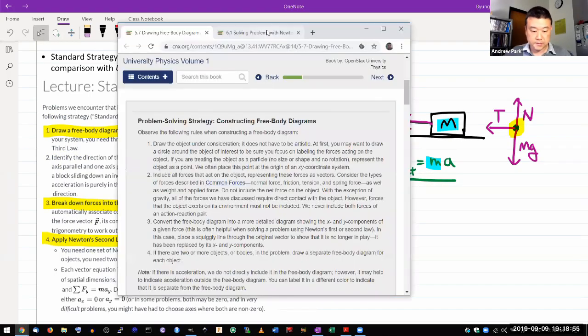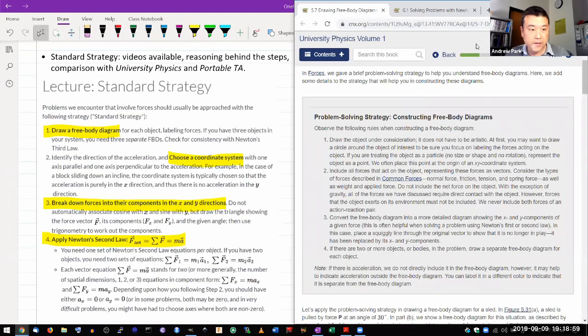This is the set of steps that are in your textbook. So your textbook doesn't really give you a single reference for Newton's law strategy, but let me just link up those things that are both in the textbook and in what we give you so that you can see the connections.